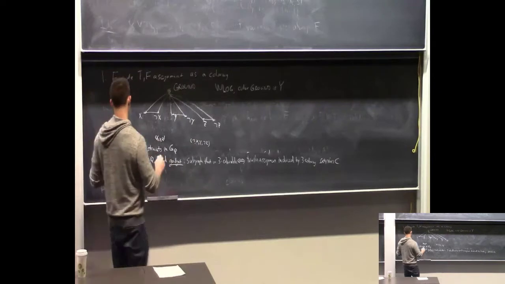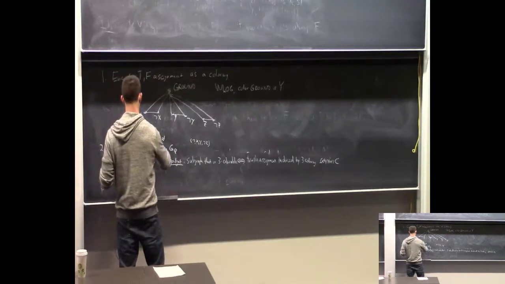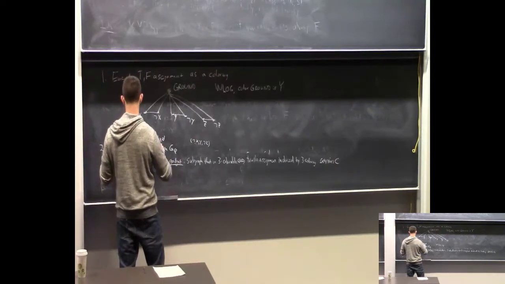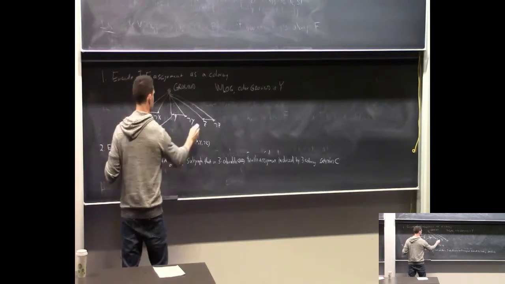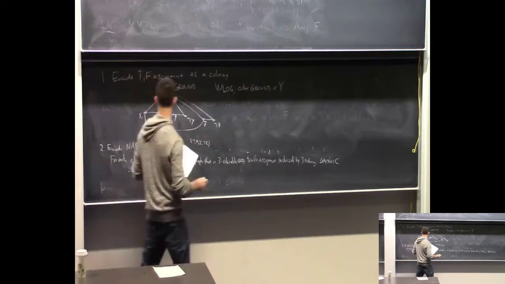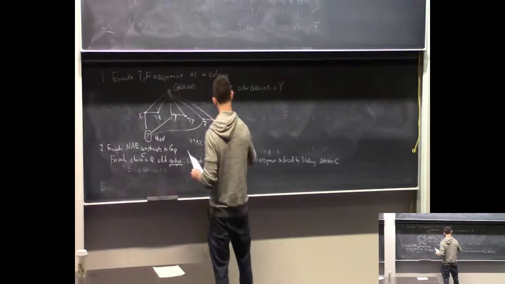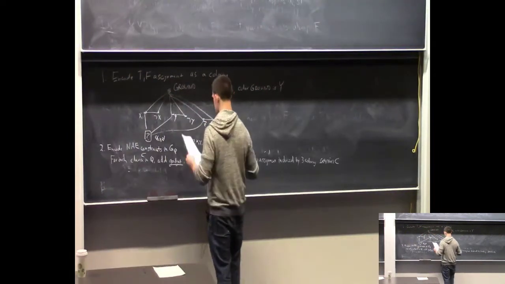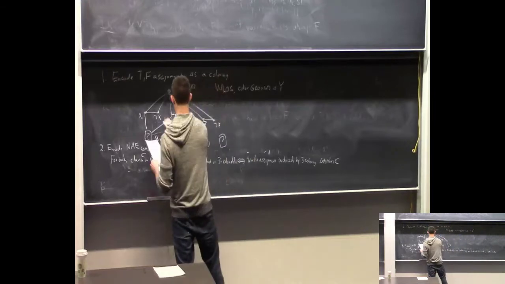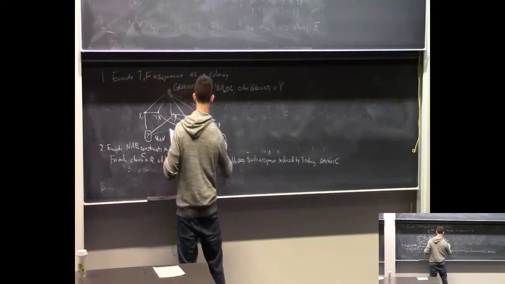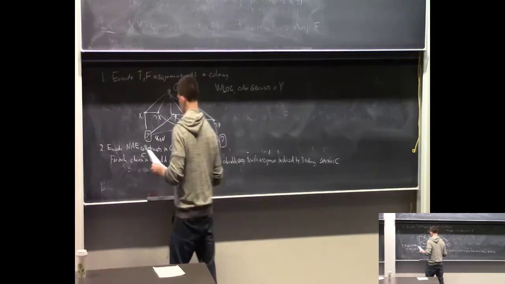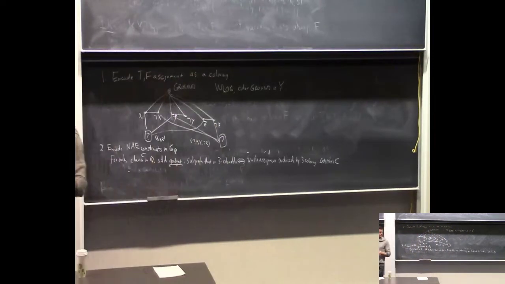And I want to put something here and connect it to x and y and z. And I want to put something here and connect it to not x, y, not z. So the question is, this is a picture of what we just wrote, so what should these gadgets be?